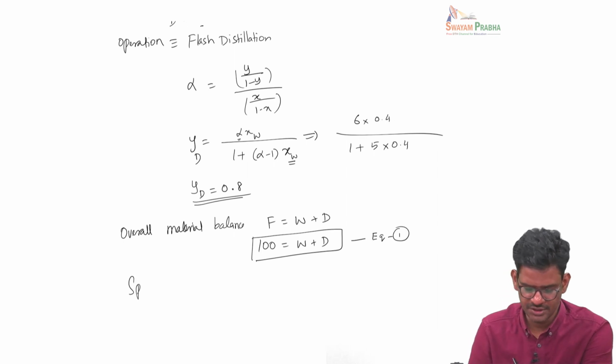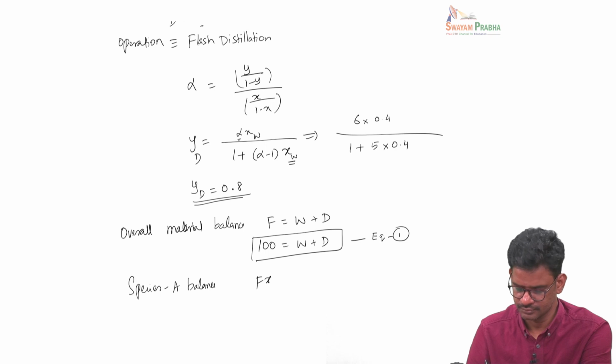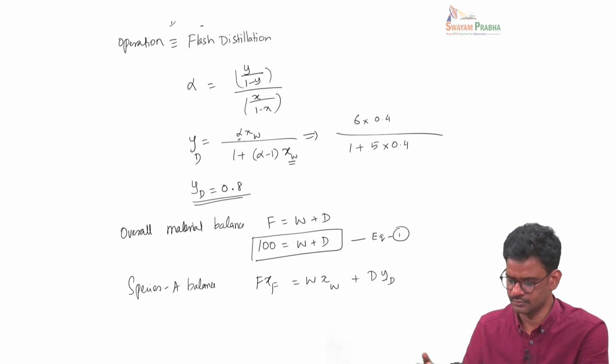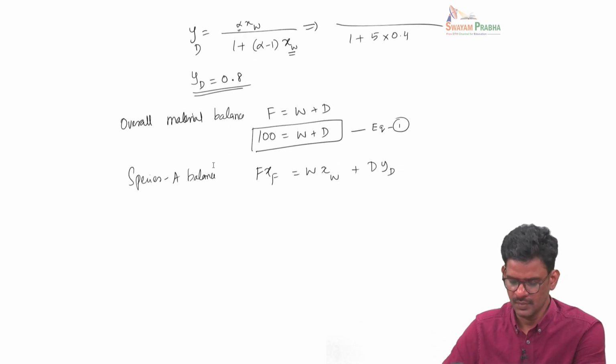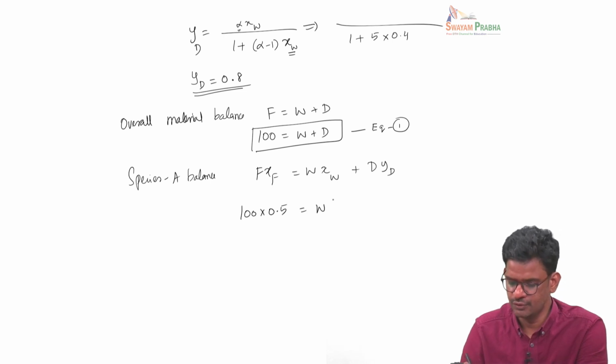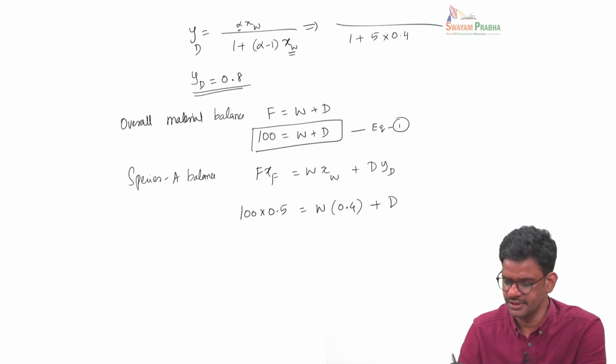And then we can do a species A balance. So F is 100, XF is 0.5, W we do not know, but XW is given as 0.4, D we do not know, but YD we found as 0.8.